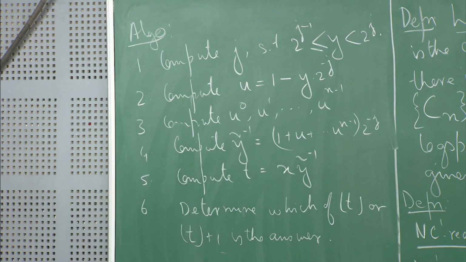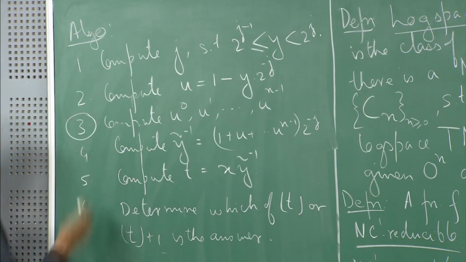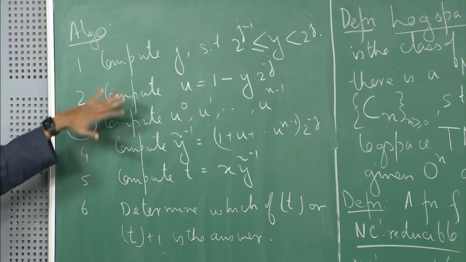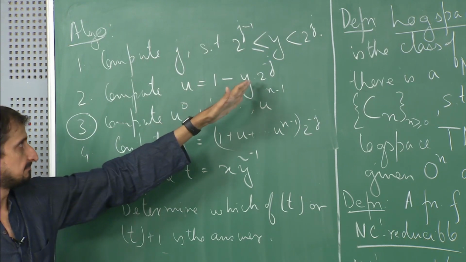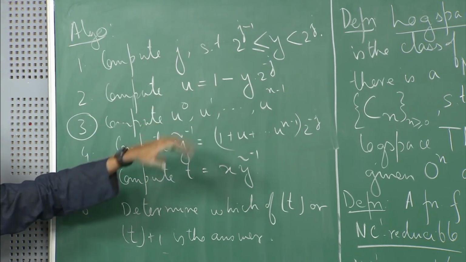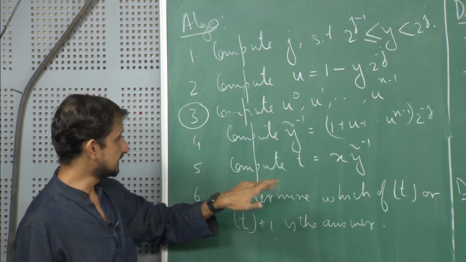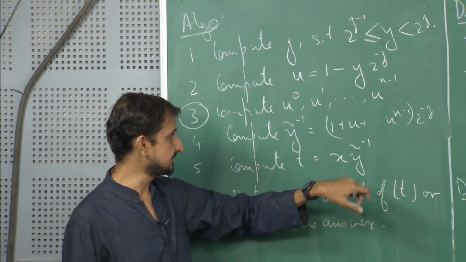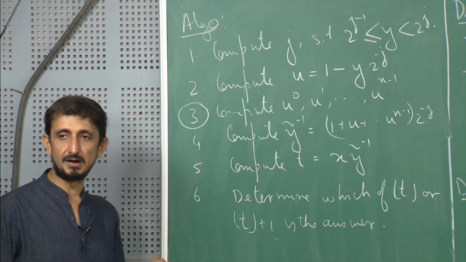So essentially, except for this third step over here, all the other steps are in NC1. So this is in NC1, this is just multiplication and subtraction is just the same as addition. This is also just iterated addition, this is again multiplication and this is again multiplication.